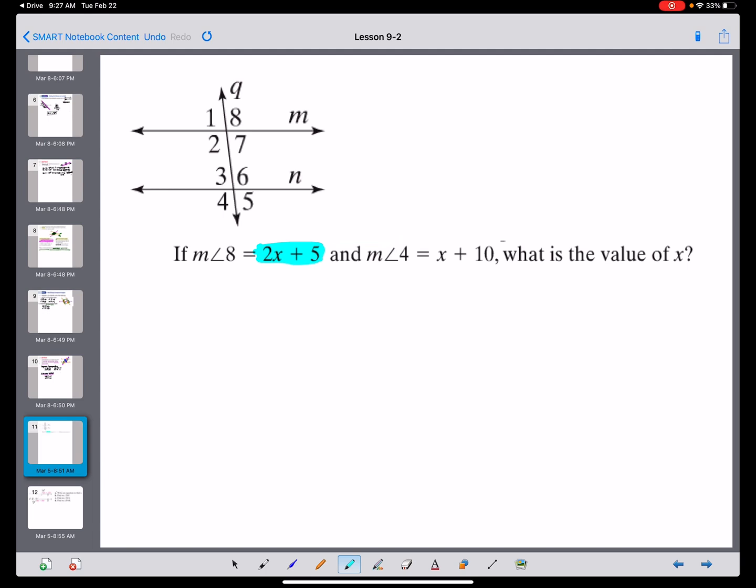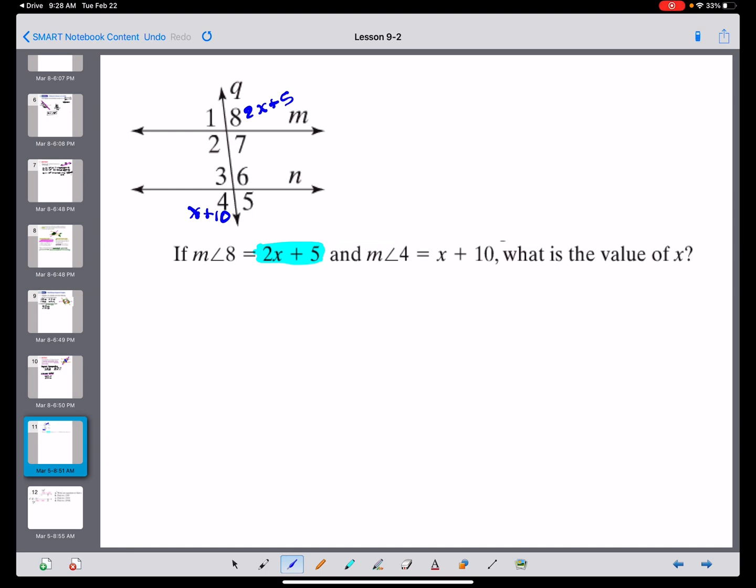No, they're giving me a challenge. They're telling me that the measure of angle 8 is 2x plus 5, and the measure of angle 4 is x plus 10. And they want me to tell them what is the value of x.